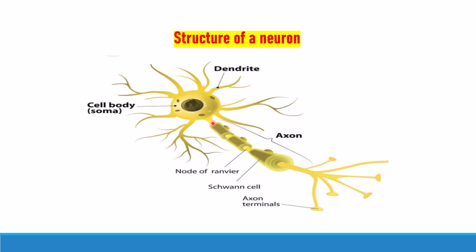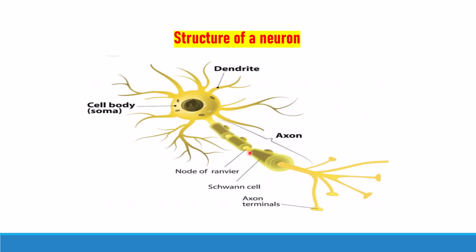If the signals coming from the dendrites are strong enough, then the signals are sent to the next part of the neuron, which is called the axon. This long projection is known as axon, which carries the impulse away from the cell body or the soma.